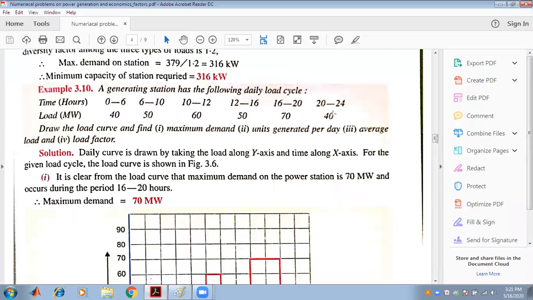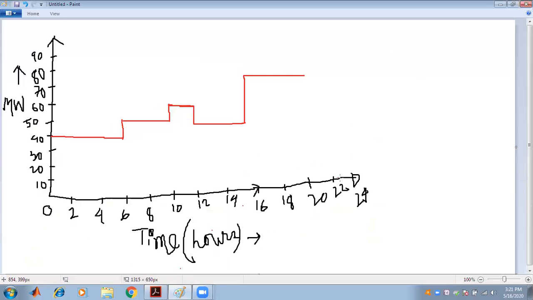Now, from 20 to 24, the demand is 40, which means it comes down to this 40 line, and it runs to 24. Okay, so this is the load curve. This is 24. So this is the load curve for the daily load pattern.